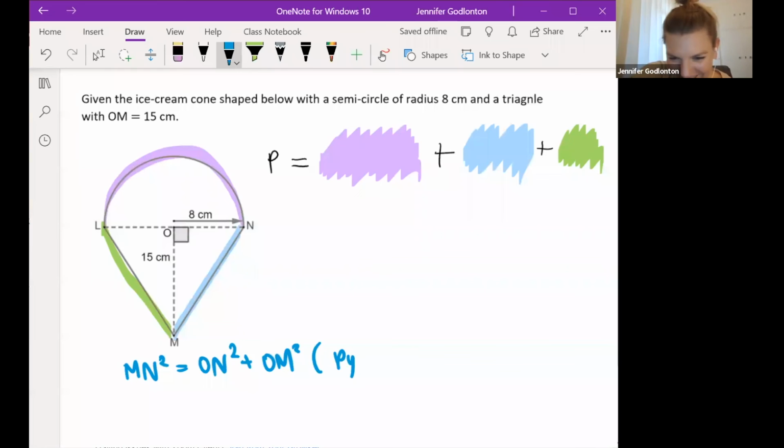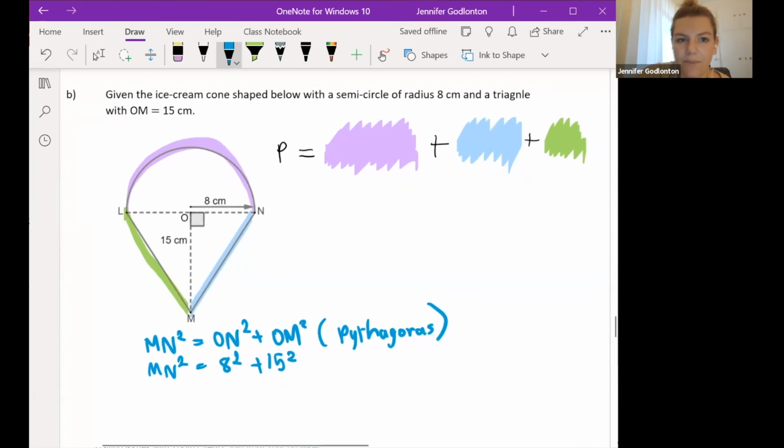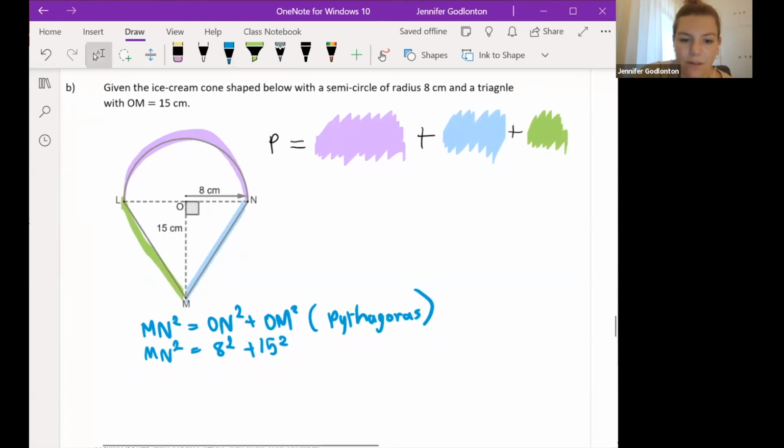Pythagoras. Thank you. Next line. MN squared equals 8 centimeters squared plus 15 centimeters squared. Good. Keep going. MN squared equals 64 plus 225.